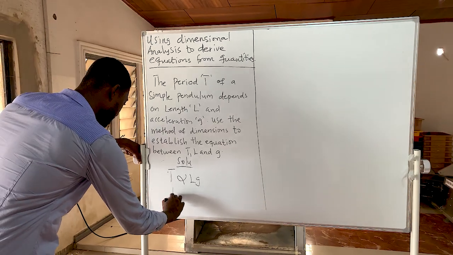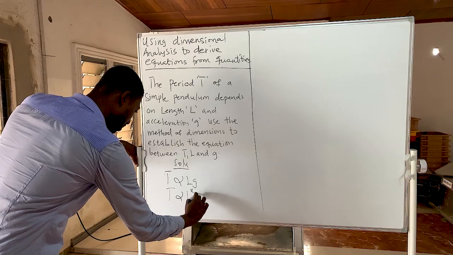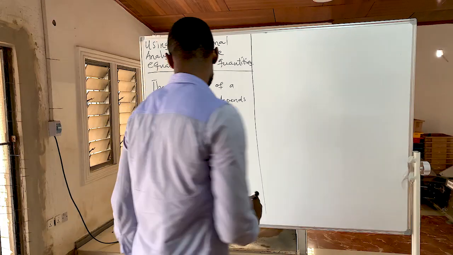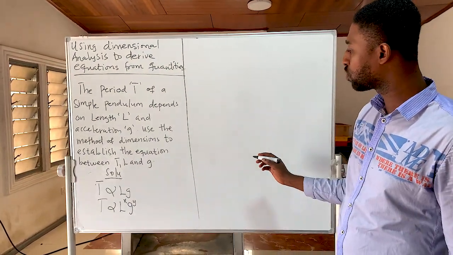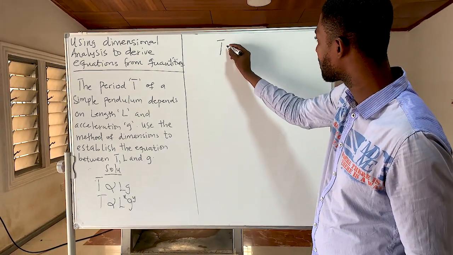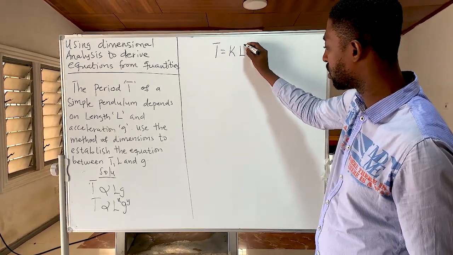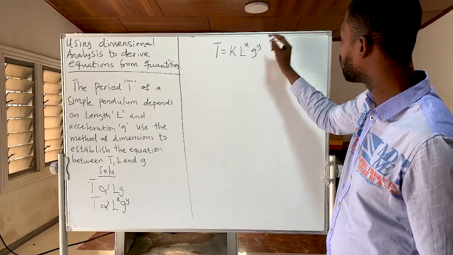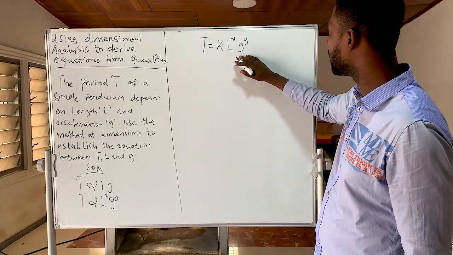So here we have T is directly proportional to L raised to the power x, g raised to the power y. Then we change the proportionality to an equal to sign and a constant. The constant is k, so we have T equals k L^x g^y. This is what we have here.